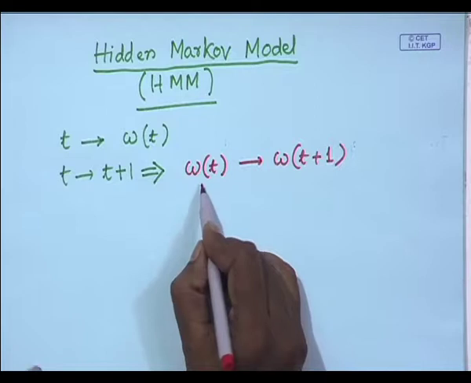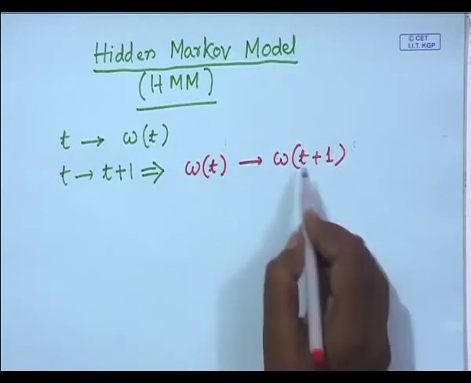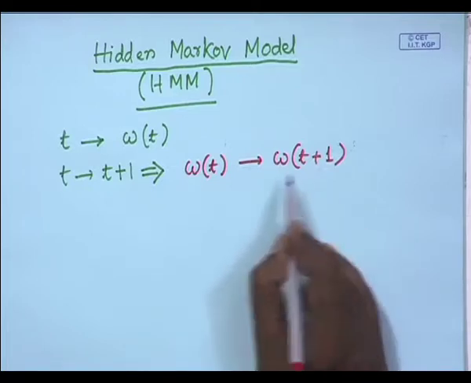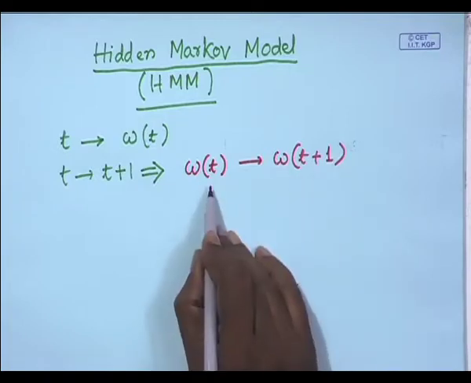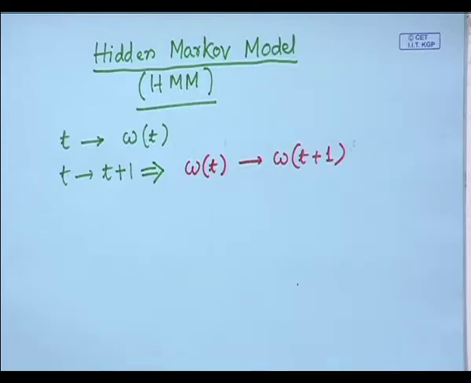So, at time step t, the HMM was in state omega t. At the next time step t plus 1, the machine is in state omega t plus 1. So, there is a transition from omega t to omega t plus 1. And because the machine makes transitions from one state to another at different time steps, the machine generates a sequence of states.